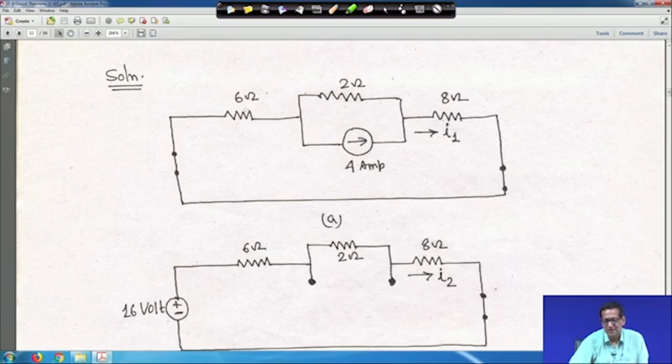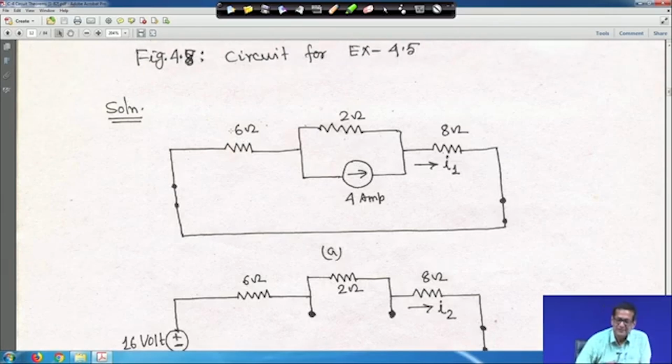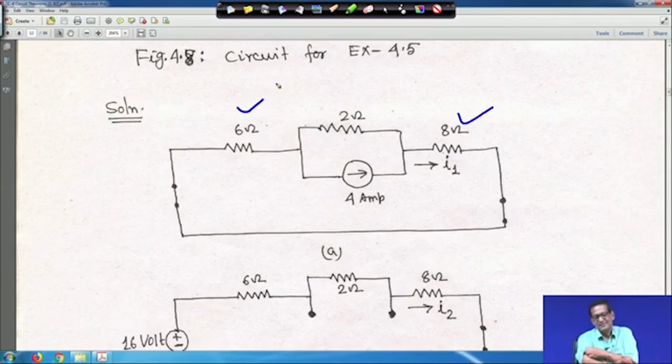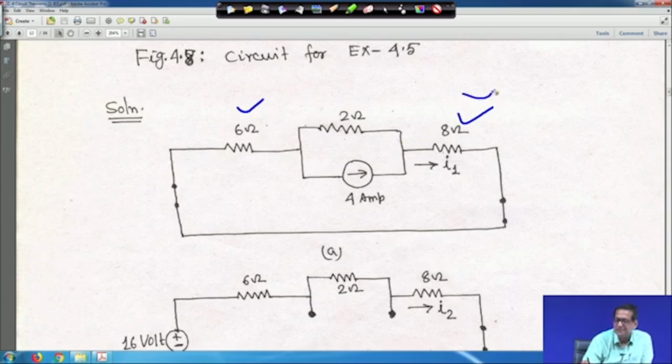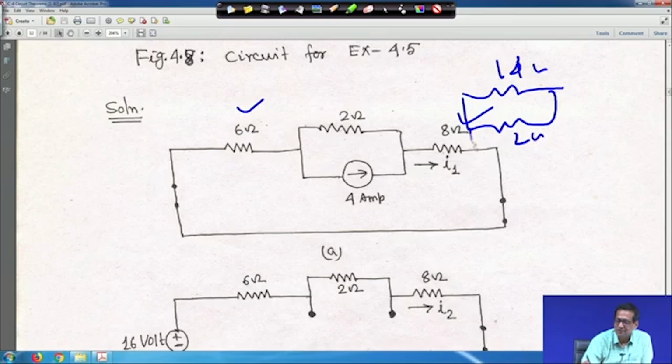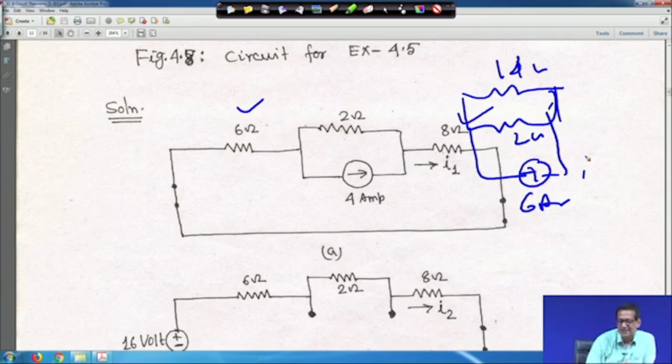So, let us find I 1. This is your 8 ohm and 6 ohm, basically they are in series, so this is your 14 ohm, and this is your 2 ohm, and with that this current source of 4 ampere is there. All these three are in parallel.